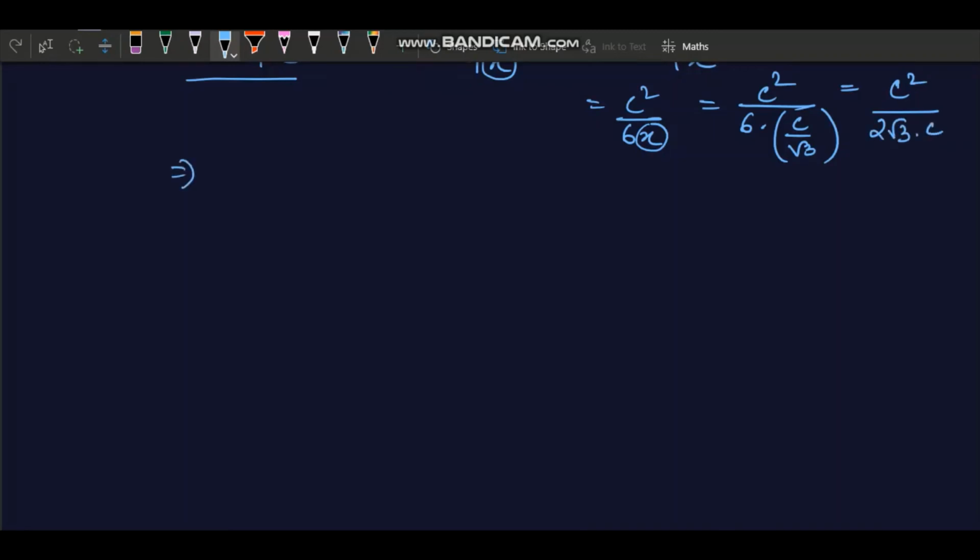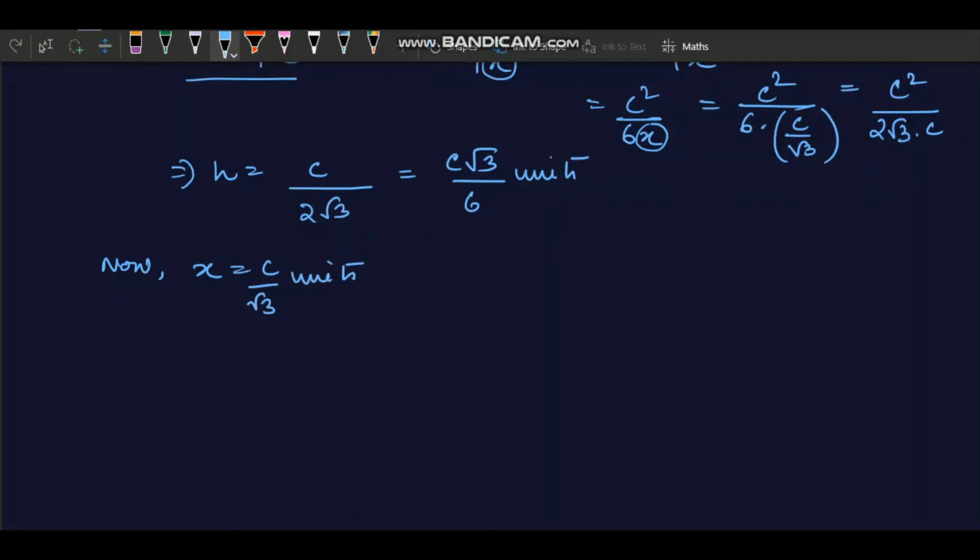So we can write h as c/(2√3). Rather, this can be written as c√3/6 units. So we have already calculated the value of x. x is given by c/√3 units and h is given by c√3/6 units.